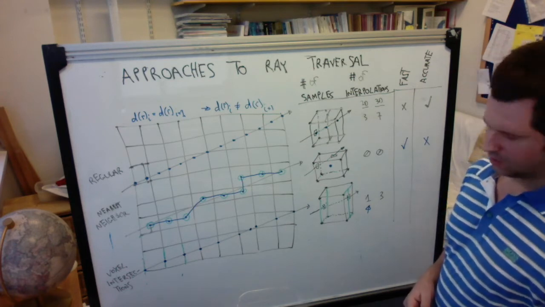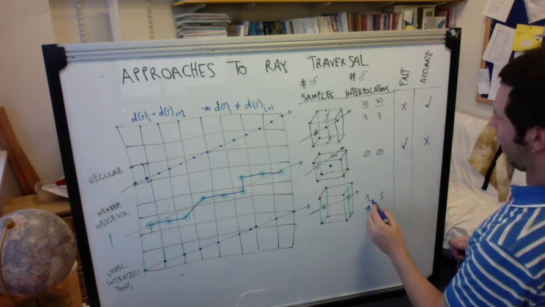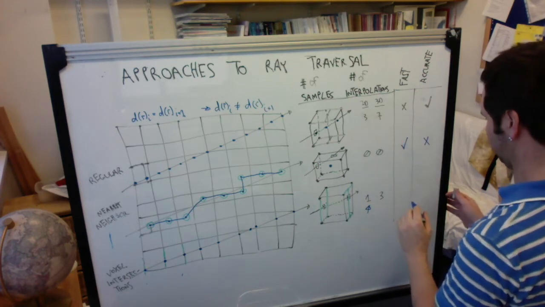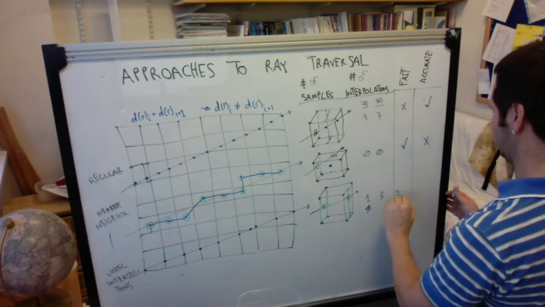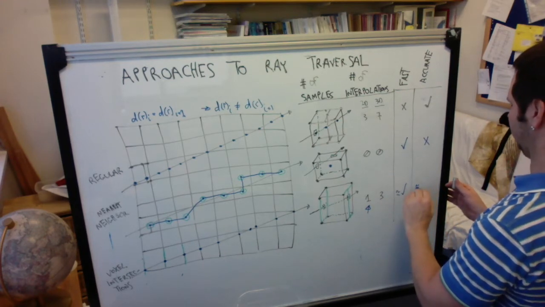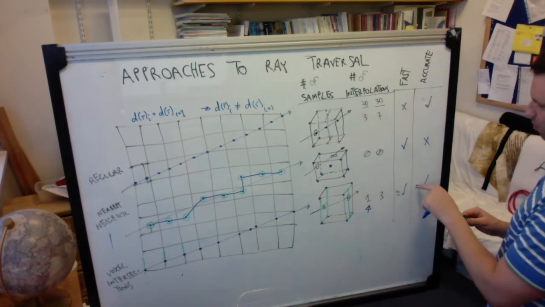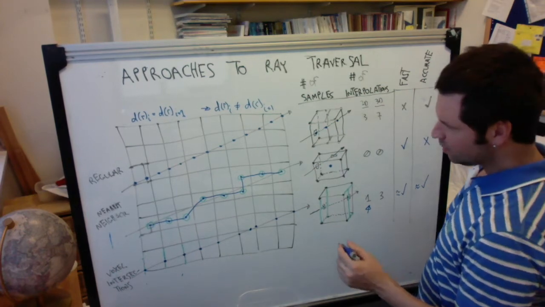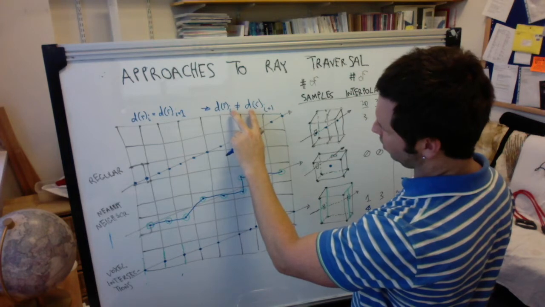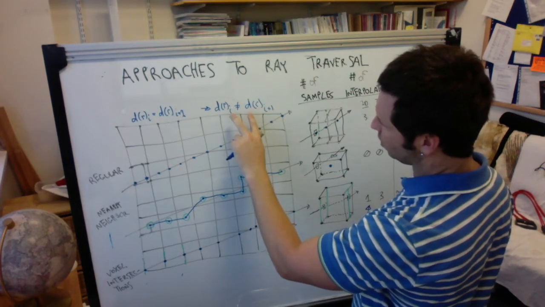So this is attempting to be fast because it requires fewer interpolations in 2D and 3D, and it's kind of accurate too. That's an approximation symbol. The distance between samples is never equal.